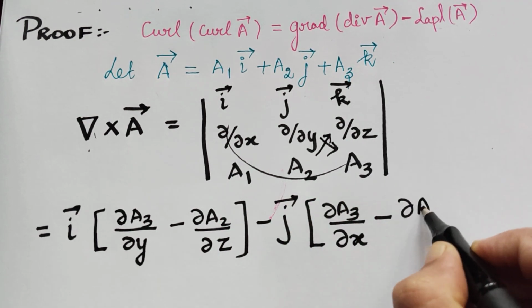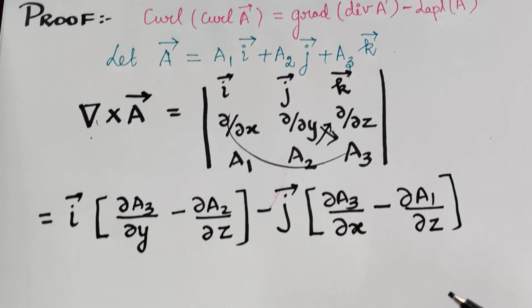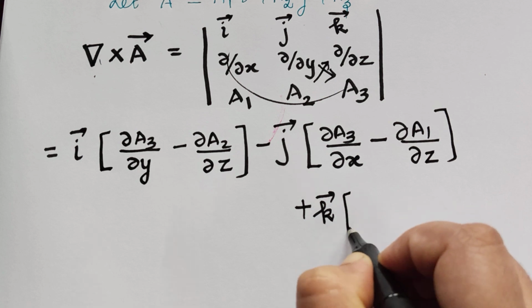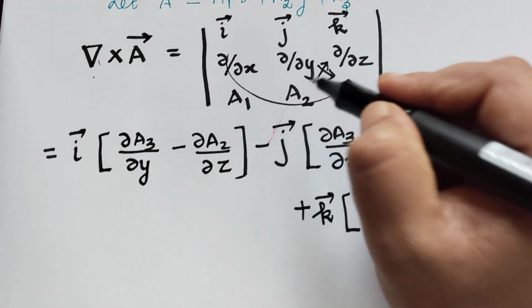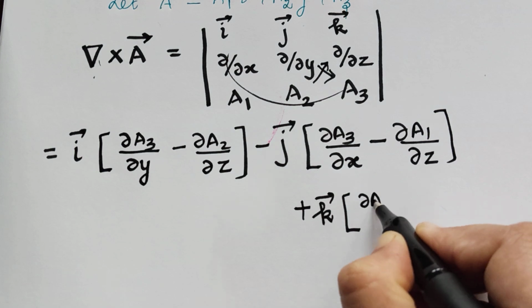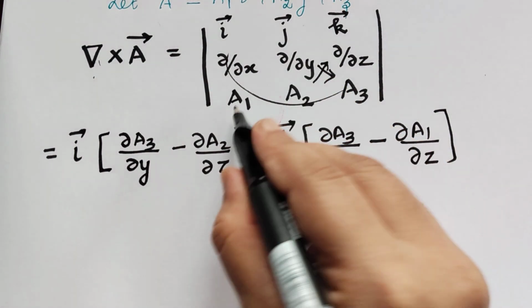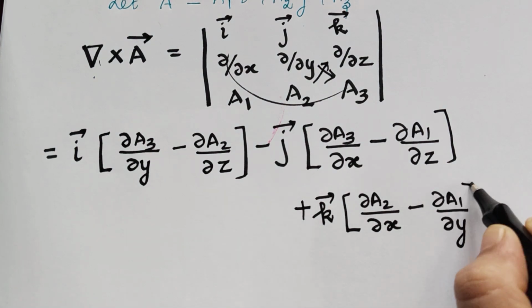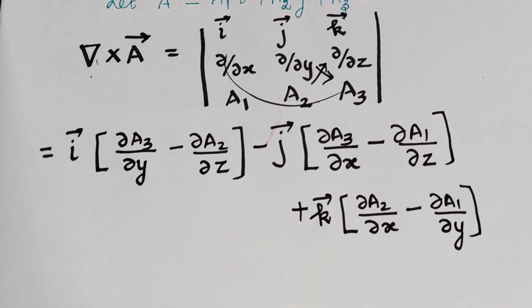In a similar way, for k vector, plus k vector, block this column, block this row, so this into this, so dou a2 by dou x minus dou a1 by dou y. So we have obtained nabla cross A vector.